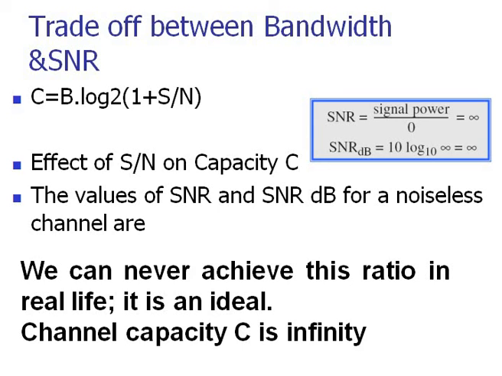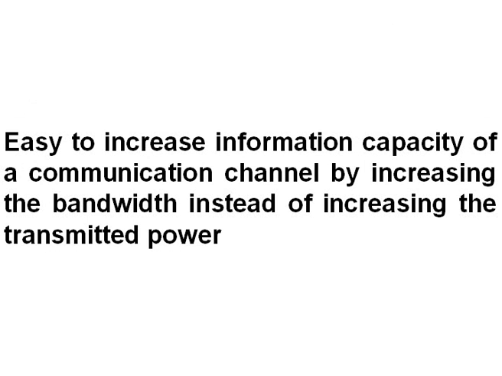It is an ideal, so the channel capacity is infinity. So finally, it is easier to increase the information capacity of a communication channel by increasing the bandwidth instead of increasing the transmitted power. So in this way, we have discussed some communication channels.